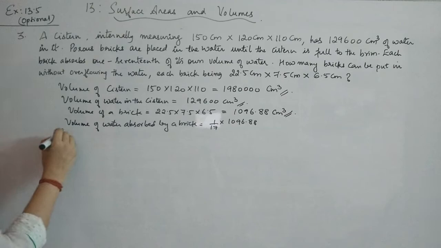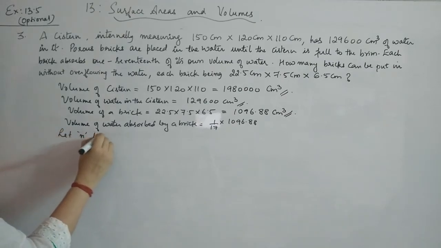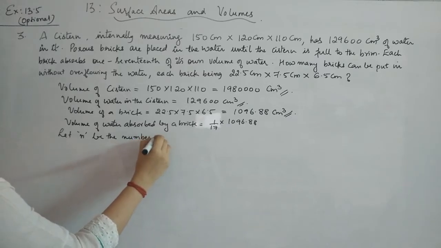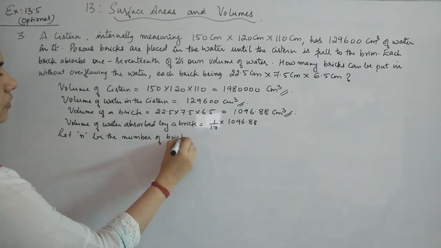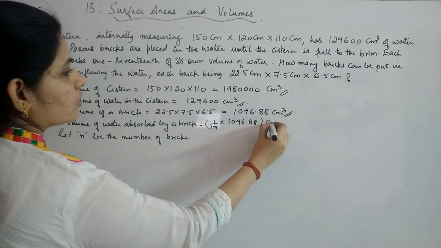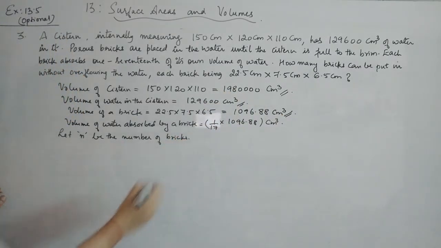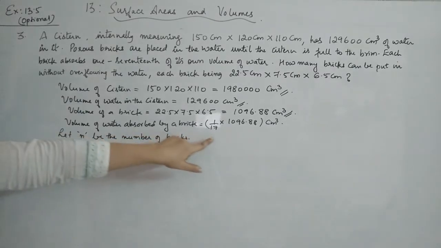Okay, so let n be the number of bricks. Here you can just write the unit, which is centimeter cubes. So what will you get? Volume of water absorbed by n bricks will be n into this much, right?